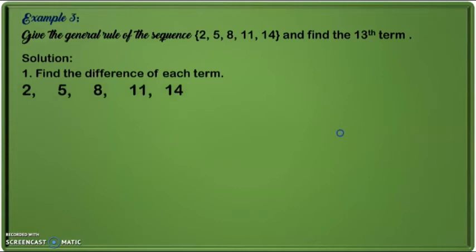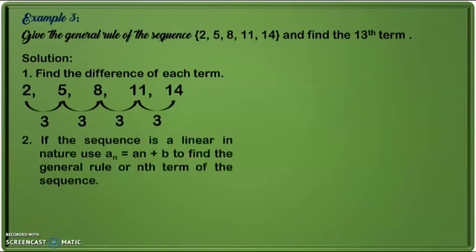So 5 minus 2 gives us 3. 8 minus 5 gives us 3 also, and so on. If the sequence is linear in nature, use a sub n is equal to an plus b to find the general rule or nth term of the sequence.